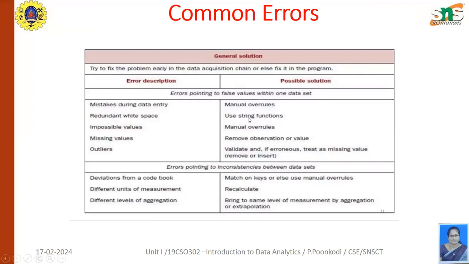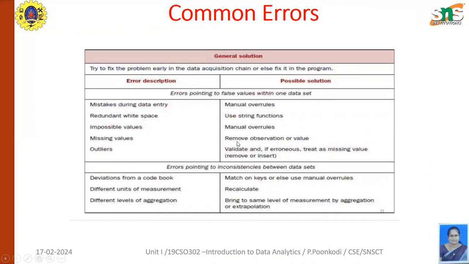Now, some of the common errors identified in data cleaning: mistakes during data entry, redundant white spaces, impossible values, missing values, outliers. For these, the possible solution is manual overrules using string functions. For impossible values, again we go with manual overrules.